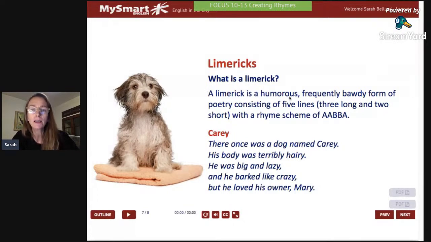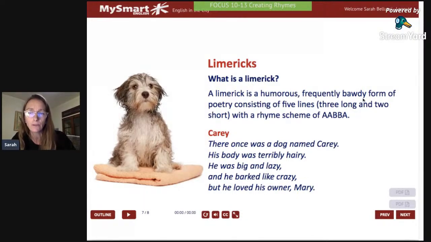A limerick is a humorous, frequently bawdy form of poetry consisting of 5 lines, 3 long and 2 short, with a rhyming scheme of AABBA. So the first and second and fifth line have the same rhyming word at the end, and the third and fourth have the same rhyming word at the end.